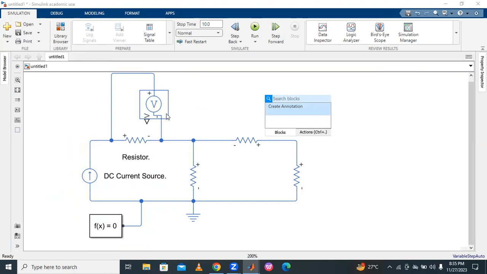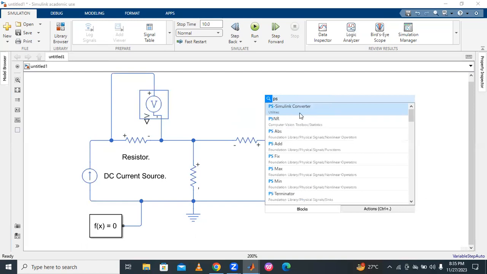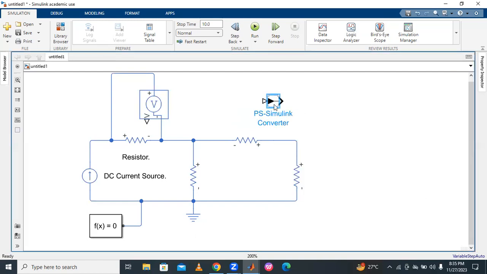This is Simscape, so to display the voltage, one display block is required. That's why we take one PS-Simulink converter.